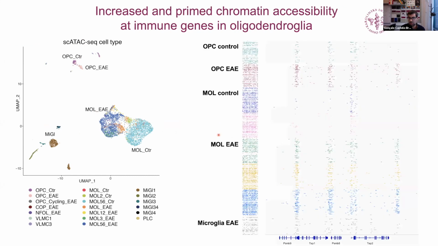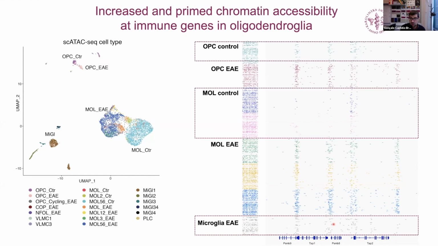And this is how the data looks in the genome browser. So this is an MHC class 1 locus, and here every single row is a cell. And what you can see here is in microglia, you have chromatin accessibility at the promoter regions of these MHC class 1 genes. Well, for instance, in OPC control, the oligodendrocyte progenitors control, and mature oligodendrocyte control also, you don't see much accessibility, but in the mouse model of MS, then you see an increase in accessibility in the regulatory regions of these genes.